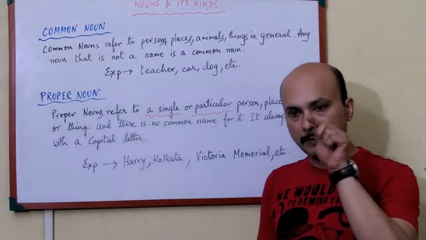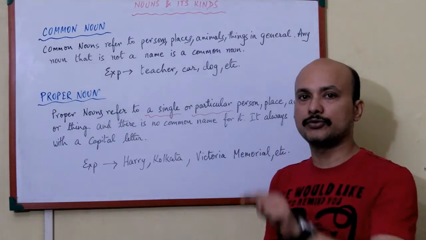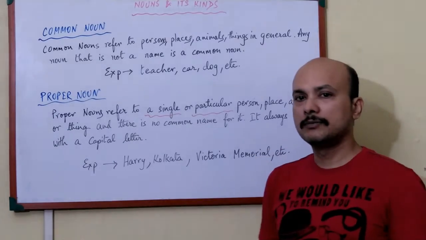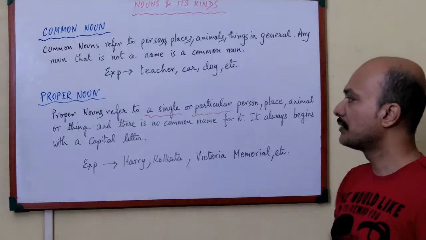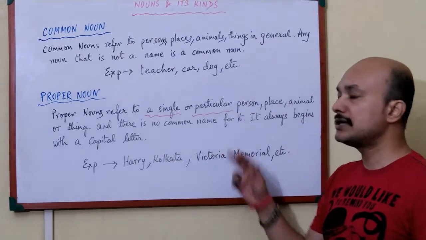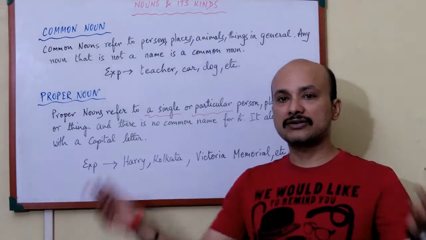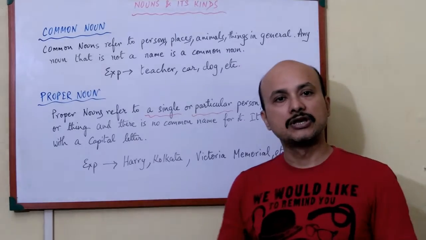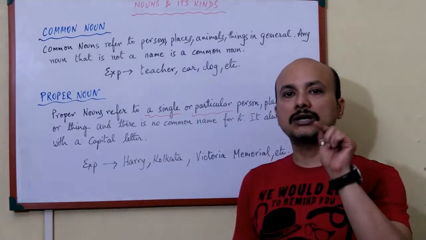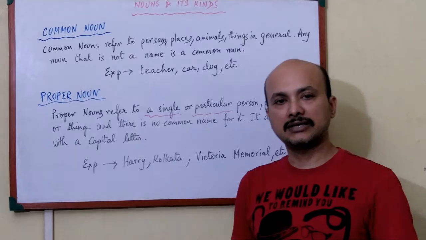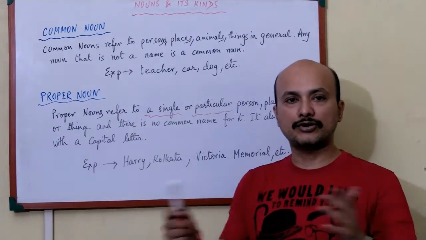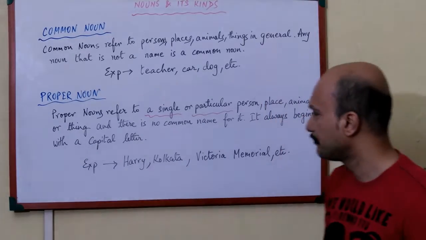Here you are referring to a particular one. You are pointing out one particular person, place, animal, thing, and there is no common name for it. There is no generalized name like in common nouns. In proper nouns, we particularly name a person, animal, thing, etc. So there is no common name. You cannot generalize it. Okay.